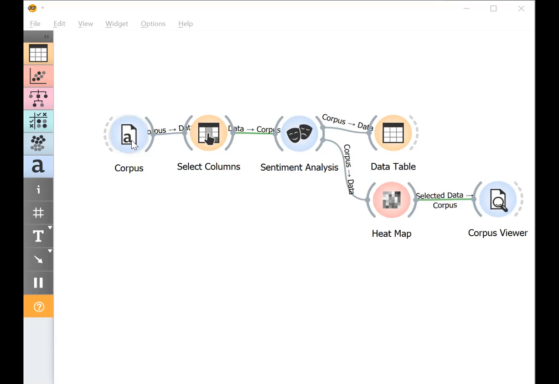Okay, so at first I also load the data set of restaurant reviews into the corpus. Before I connect the corpus with sentiment analysis, I connect the select columns widget. Here I choose review and send selection. I didn't choose like because I don't want to give any help to Orange in doing its job of sentiment analysis. Like is something that human beings already did, which means that people already reviewed each of the comments and chose whether it is liked or not.